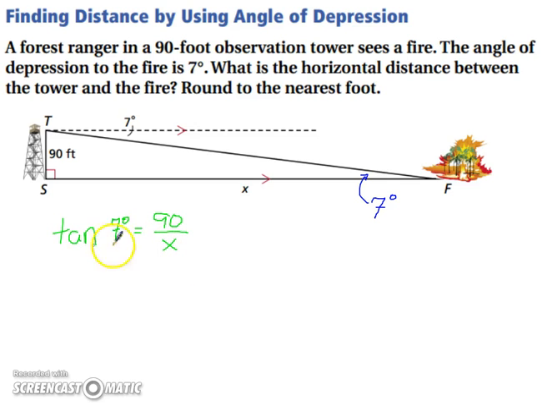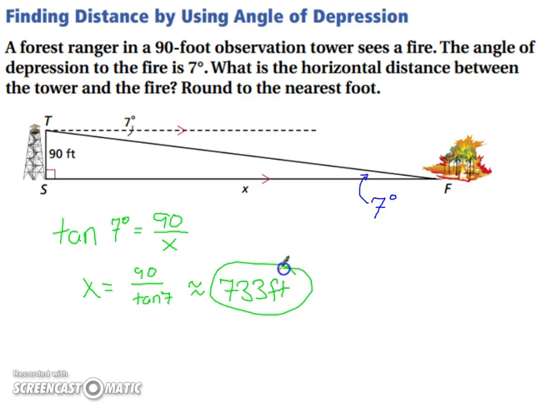So multiply by x, divide by tangent of 7, and x is 90 divided by the tangent of 7, which is about 733, and we're in feet, so 733 feet. So from the tower to the fire is 733 feet.